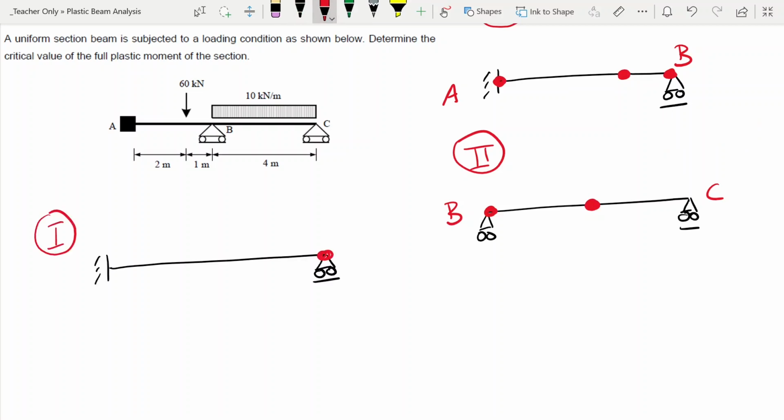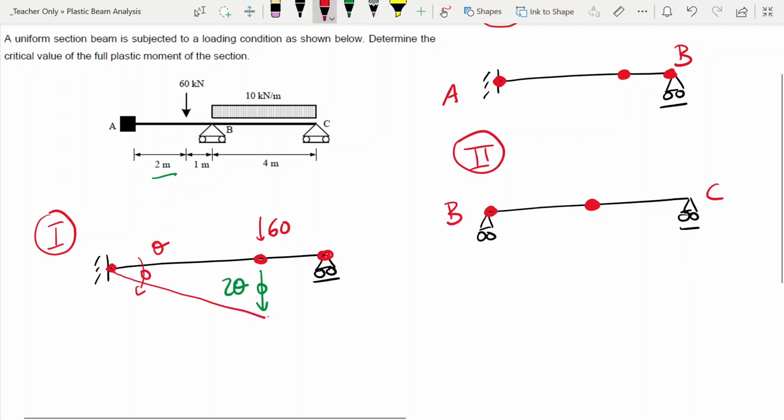The first one will look like this, and here we have our load of 60, and similar to before, we're going to assume a rotation theta on one of the sides, which then means if that is 2 meters here, this displacement here is going to be 2 theta, and then this will close there, and we'll have our plastic hinge here.